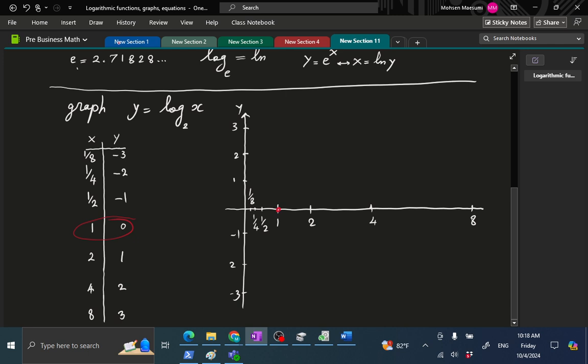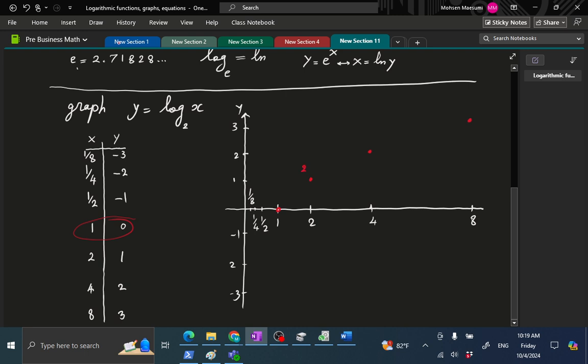Now what? Let's go graph this 1 and 0. That's here. So that's going to be the x-intercept of logarithm. It's at point 1 on the x-axis. 2 and 1, so that's going to be here. 4 and 2 will be here. 8 and 3 will be somewhere up here.